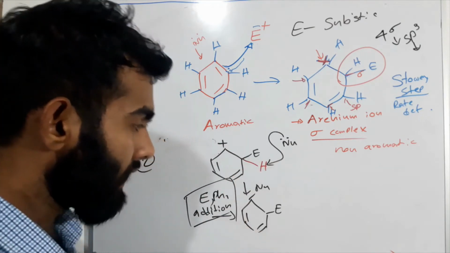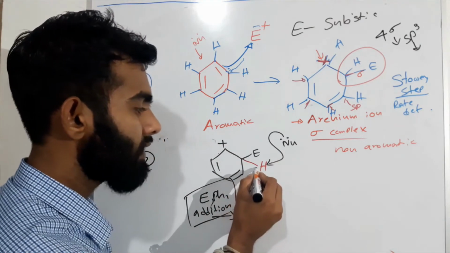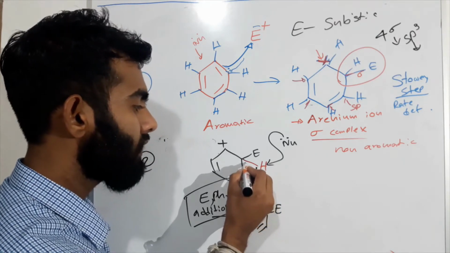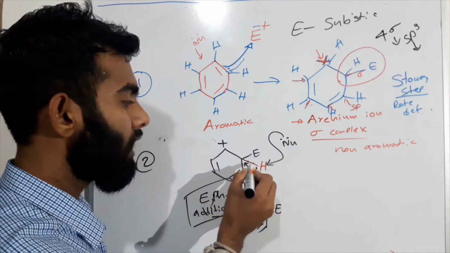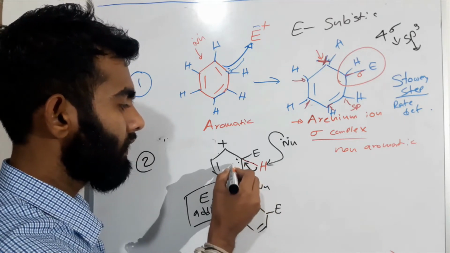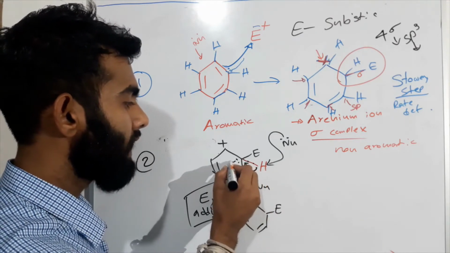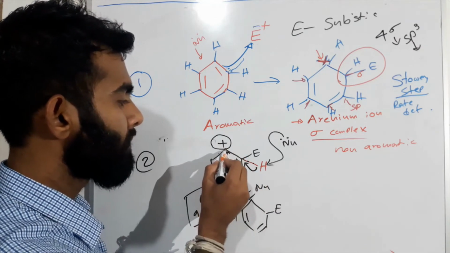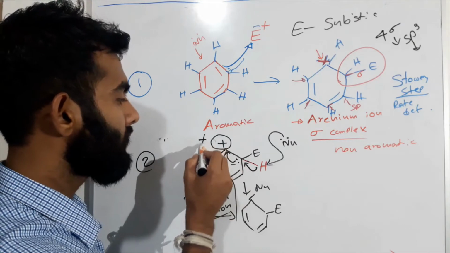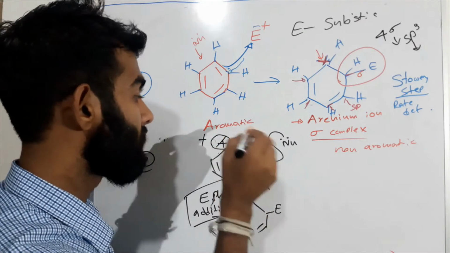Because of this attack, this hydrogen-carbon bond will cleave towards this carbon. It will get the bond pair of this bond and it will be negatively charged, and that will attack this positive charge. The negative charge and positive charge will cancel out and it will be neutralized.